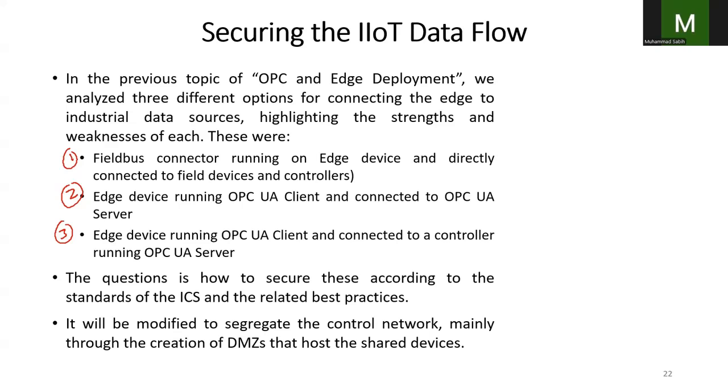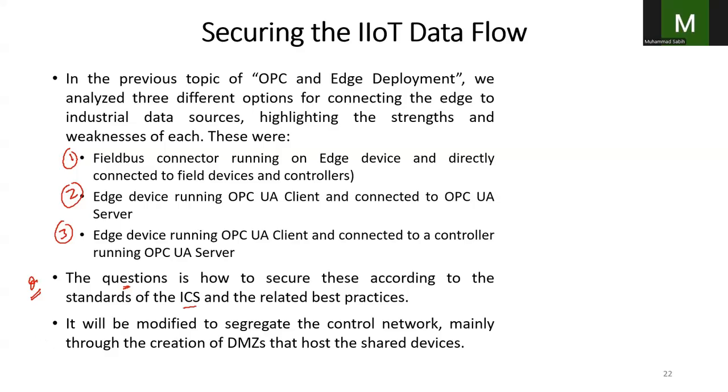So now the main question is how do we secure these setups, especially in the industrial control system environment. We'll approach this based on the ICS cybersecurity practices and standards that we just saw, focusing on proper network segregation.